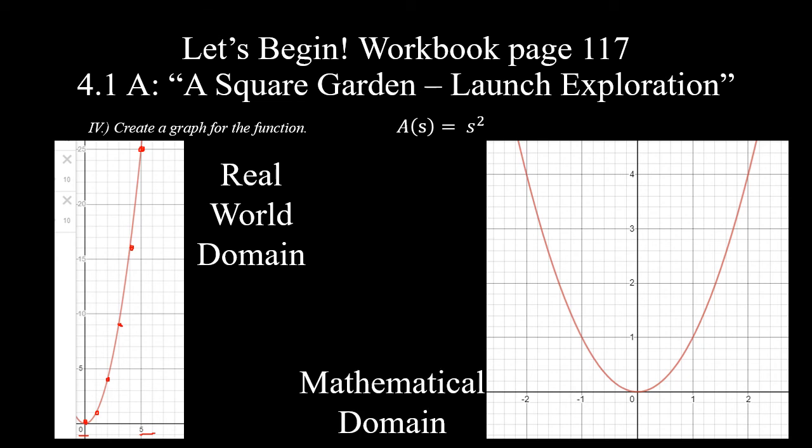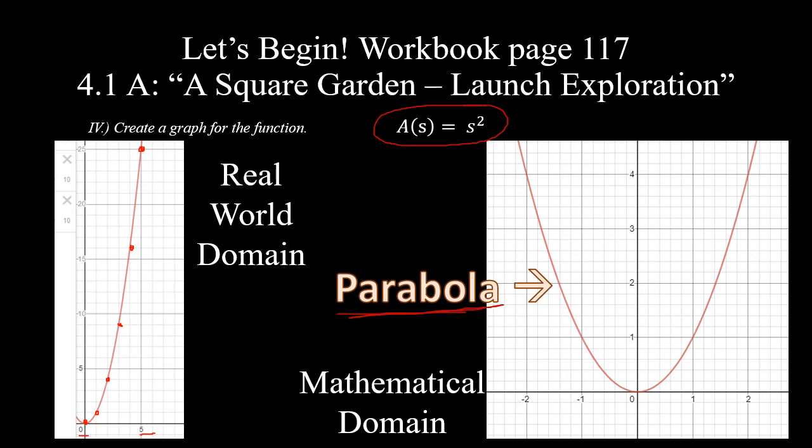So this represents what I'm calling the mathematical domain, the entire graph of A of s equals s squared, where we consider all inputs. And this U shape has a name. It's called a parabola. So graphs of quadratic functions have this shape that we call a parabola, this U shape here.